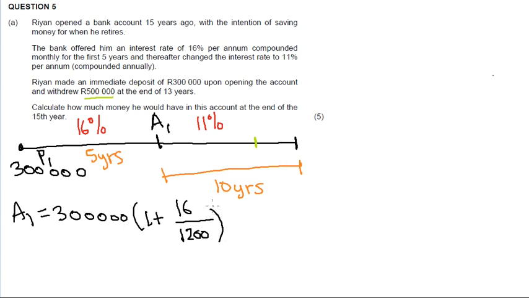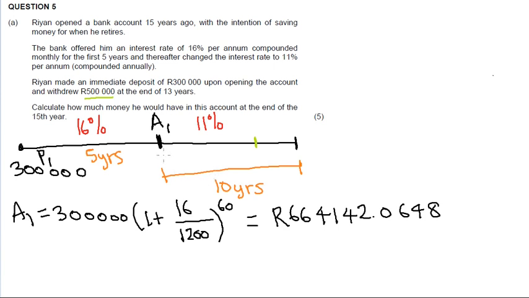And since we are working in months, 5 years will be 60 months. So this will work out to be 664,142.0648. So this becomes the value here.